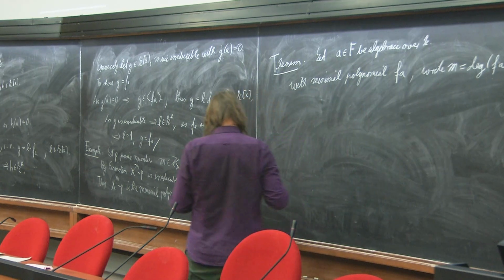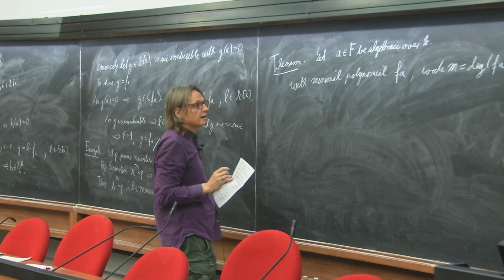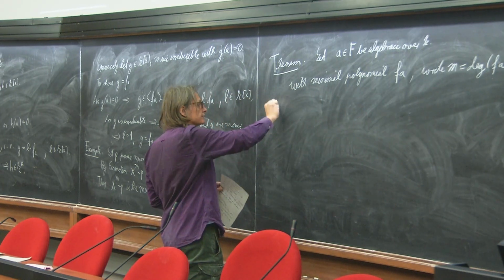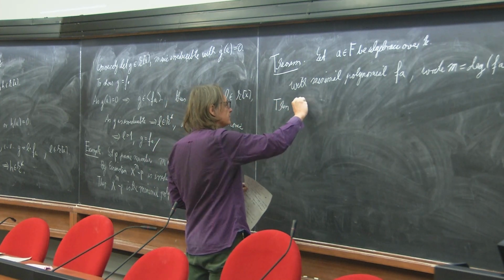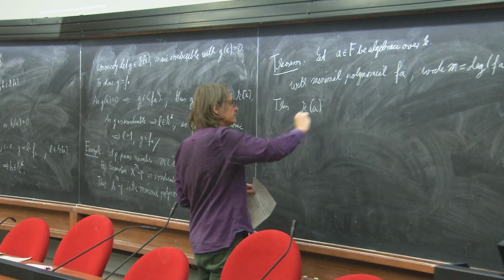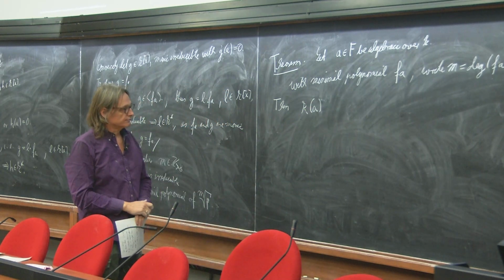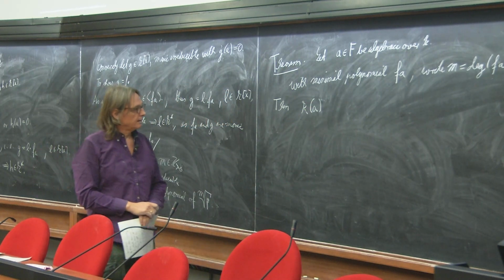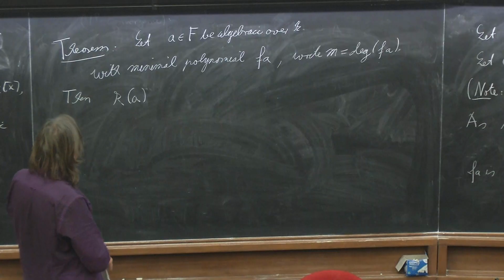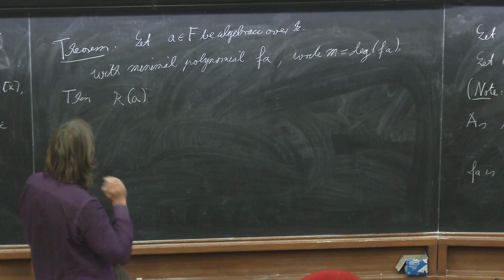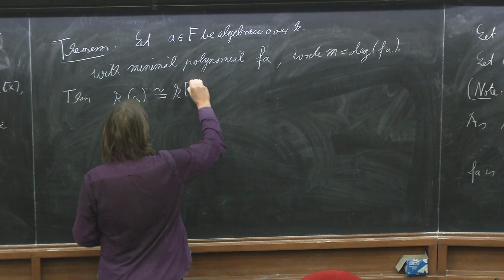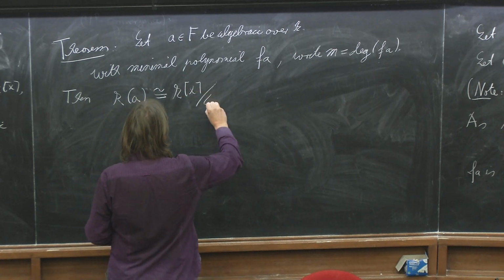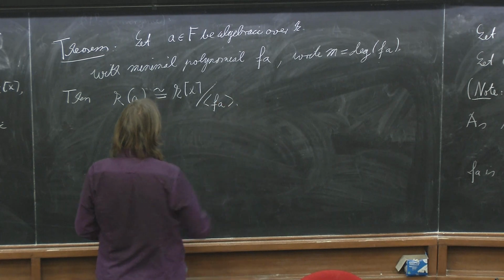Then we have the following. First, the field Ka, which you obtain by adding the simple algebraic extension generated by a of K, is isomorphic to Kx modulo the ideal generated by fa.